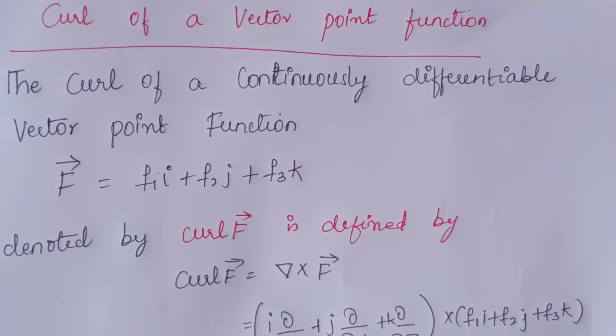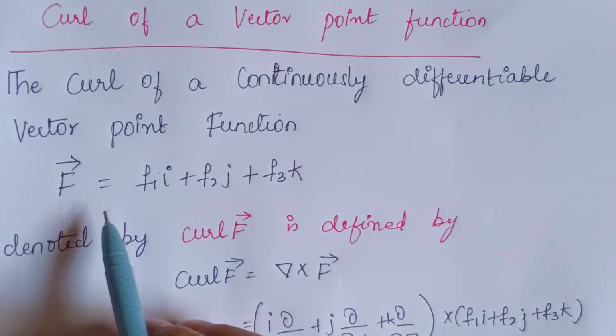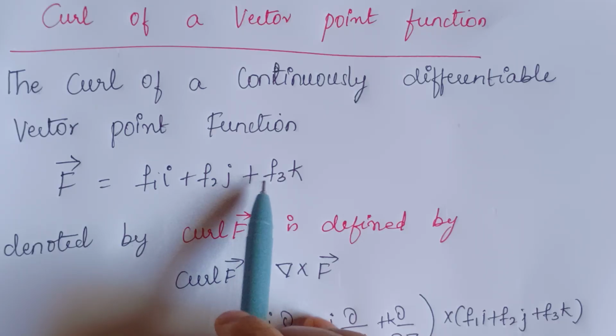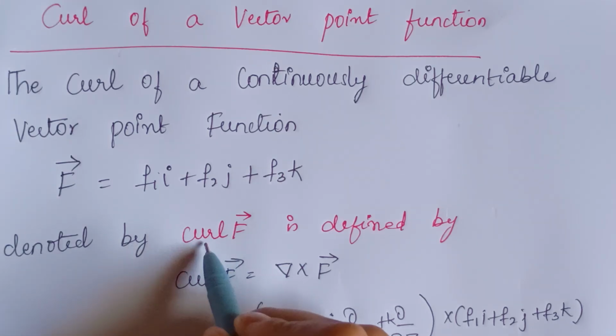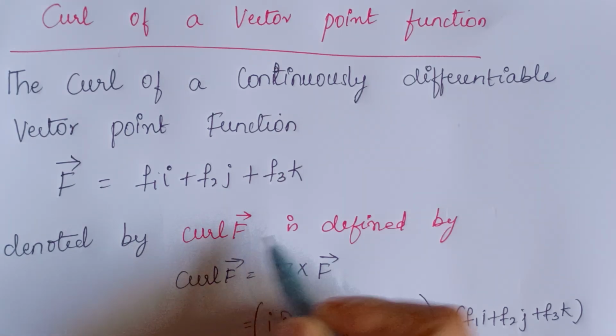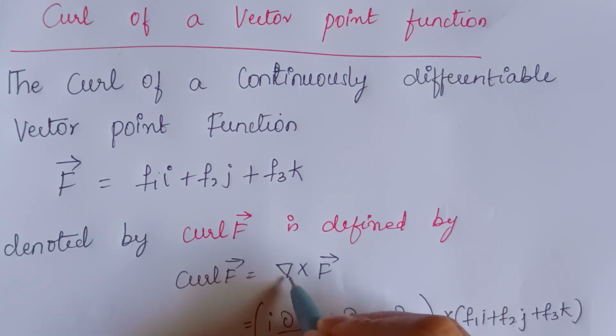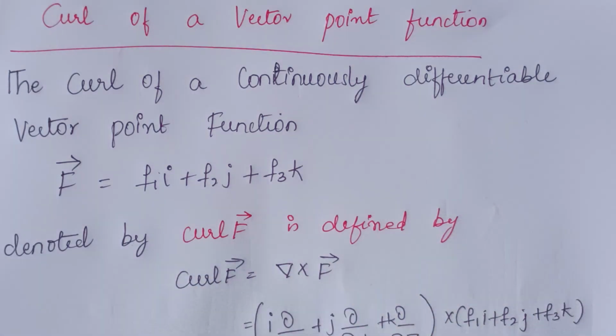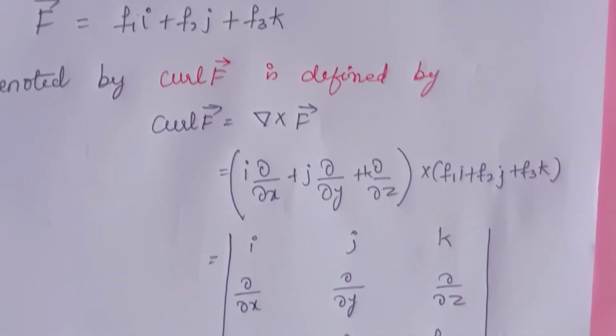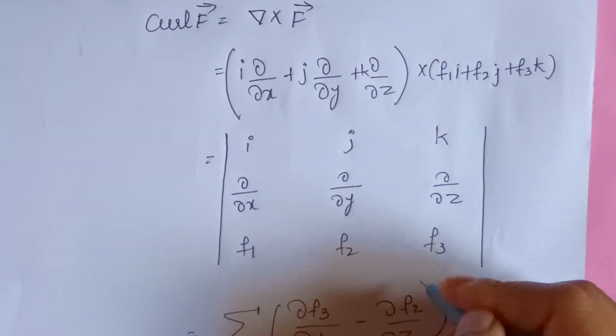So the formula here, we can start with a vector field f₁𝐢 + f₂𝐣 + f₃𝐤. The curl of this field is denoted by curl f, which is denoted by del cross vector f, and is represented in the form of a determinant like this.